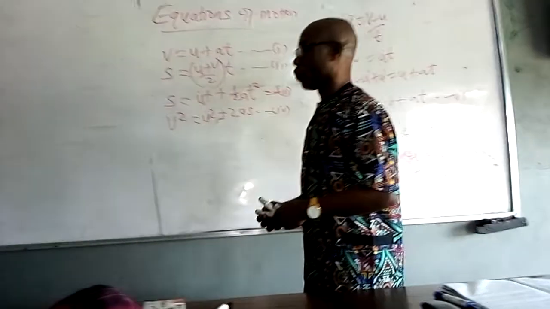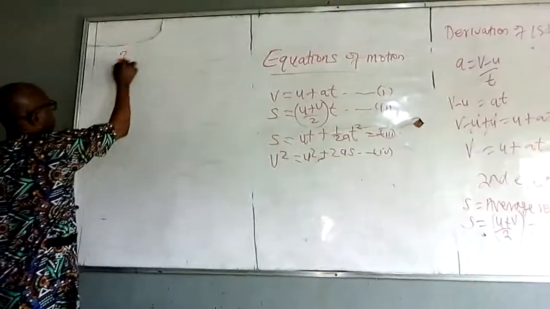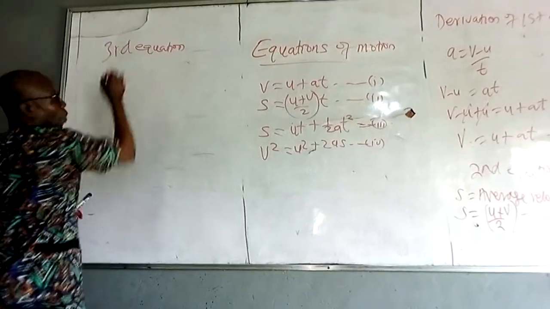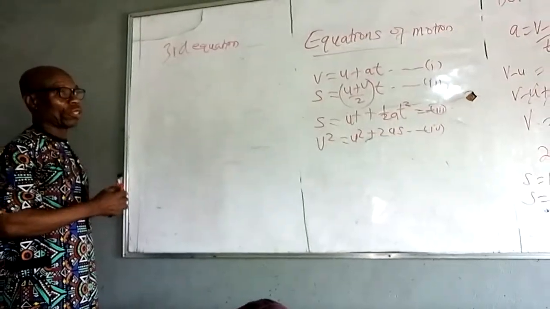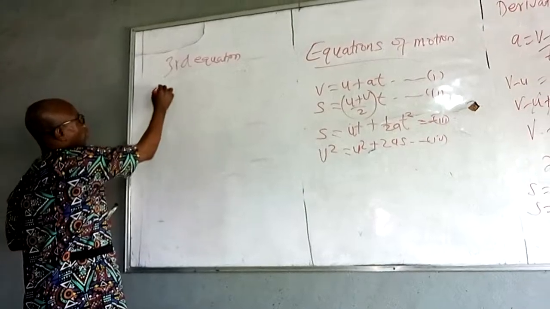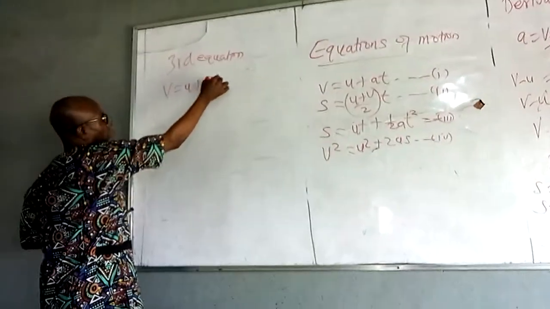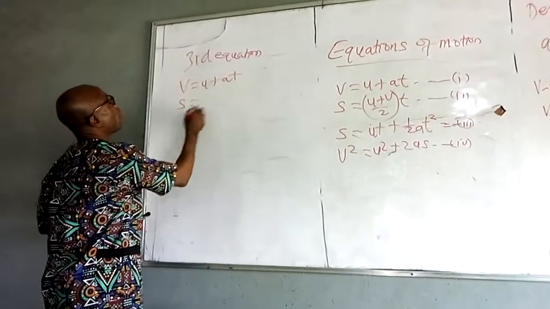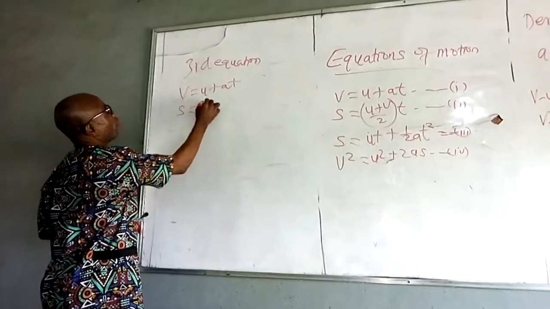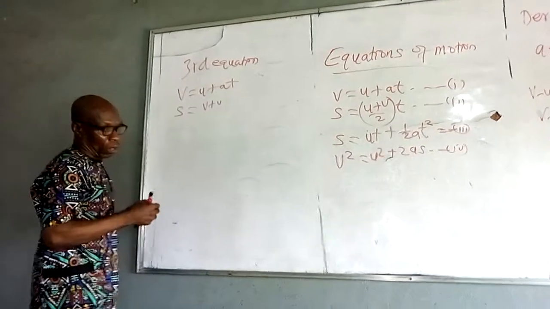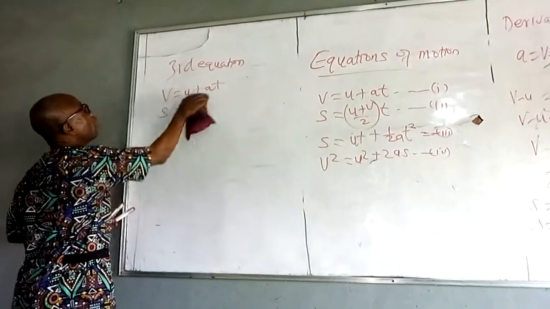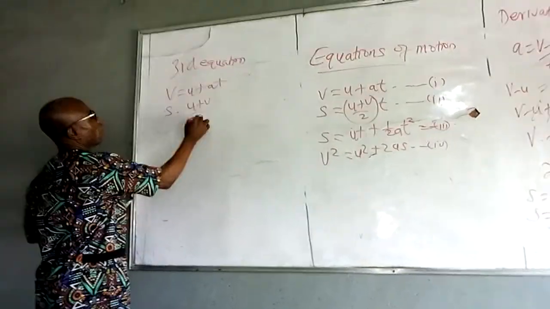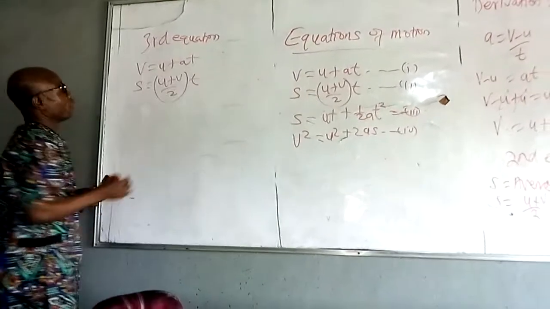Then the third one. To derive the third equation, we shall make use of the first and second equations of motion. From the first one, we have v is equal to u plus at. While the second one, s is equal to u plus v all over 2 times t.